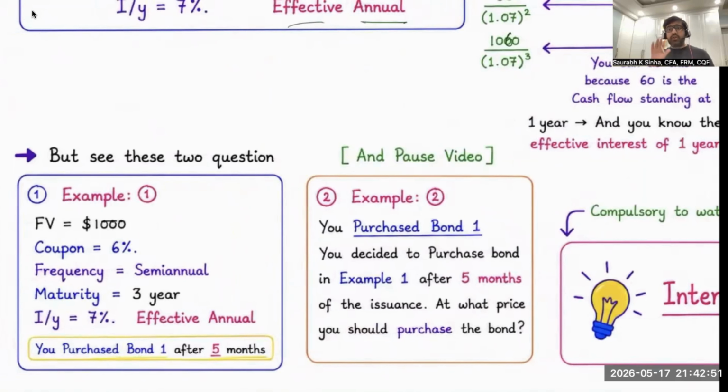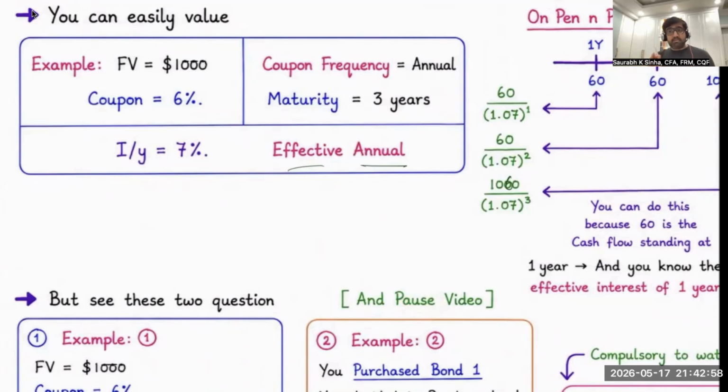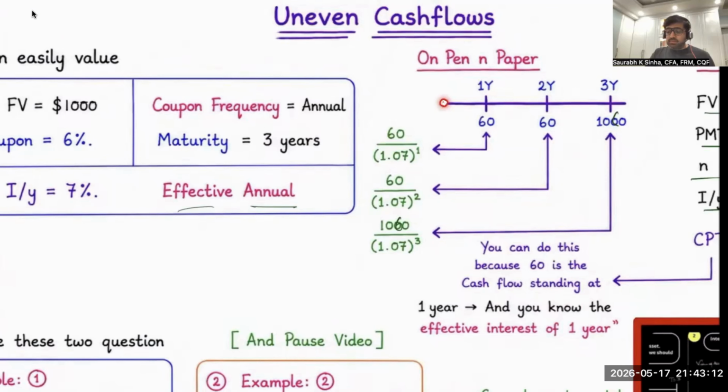Or solve this question: the same bond, even this simple bond where the interest rate is effective annual and the coupon frequency is also annual. But instead of buying this bond at t equal to 0, when the bond got issued, you're buying this bond after 5 months.